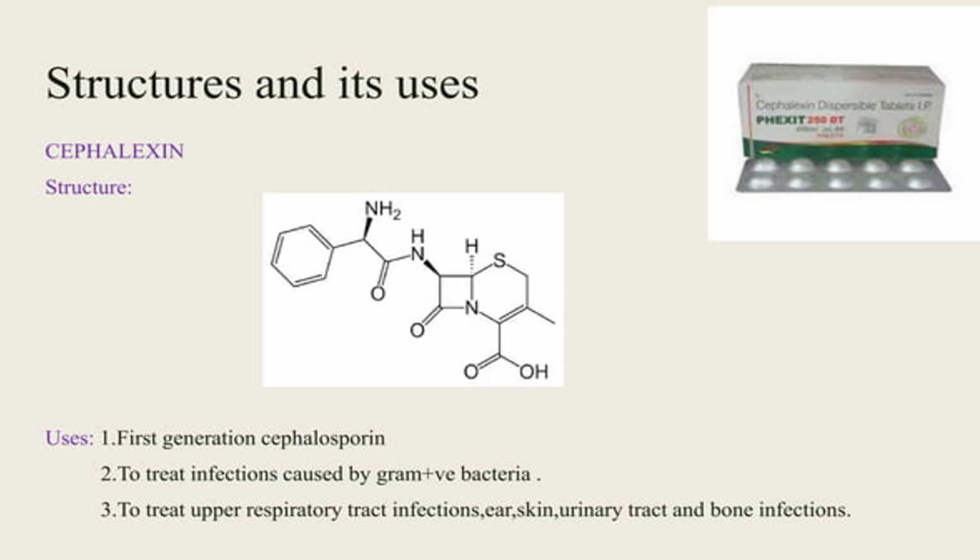We have already discussed that first generation cephalosporins are selectively active towards gram-positive bacteria. That's why cephalexin is used to treat infections caused by gram-positive bacteria, such as upper respiratory tract infections, and infections of the ear, skin, urinary tract, and bone.